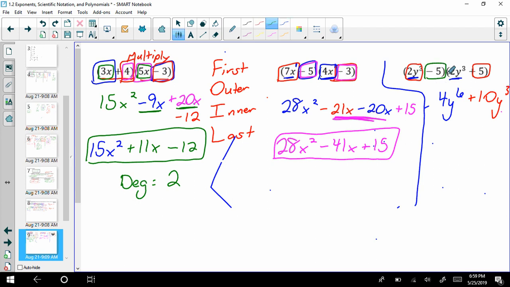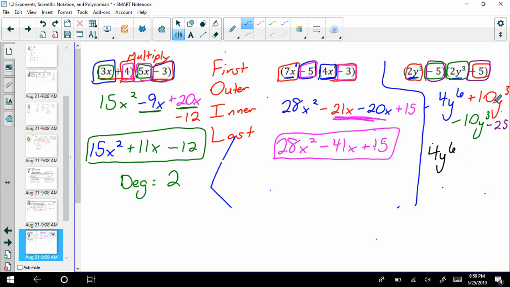Inner, negative 5 times 2y cubed would be a negative 10y cubed. And last, negative 5 times 5 would be negative 25.